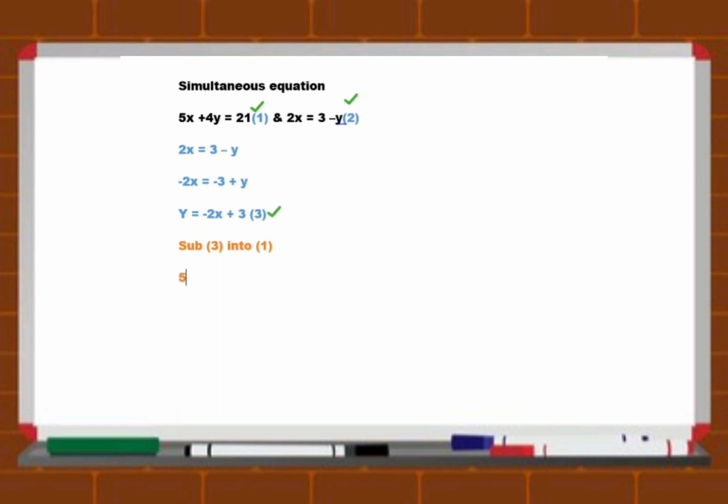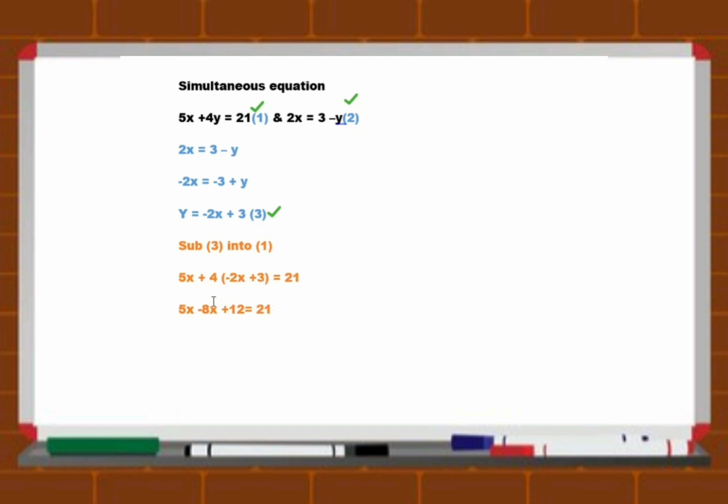So it's 5x plus 4, instead of writing y, you write minus 2x plus 3, is equals to 21, right? 5x, positive and negative will give you a negative. A negative 4 times 2 is 8x. Positive and a positive is positive. 4 and 3 is 12, equals to 21.